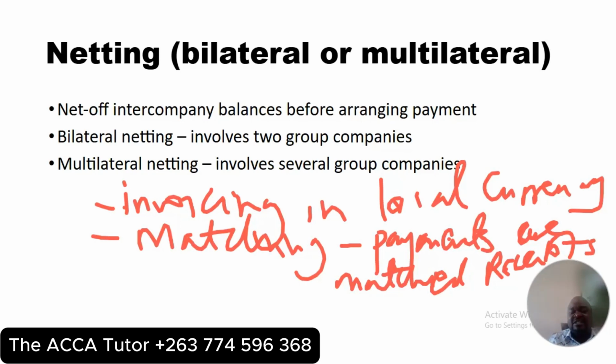Okay, if you are operating, let's say in Mozambique, if you have got a branch in Mozambique or South Africa, you can then say that whatever payments are required to be made that side should then be done by receipts which are also made on that side.